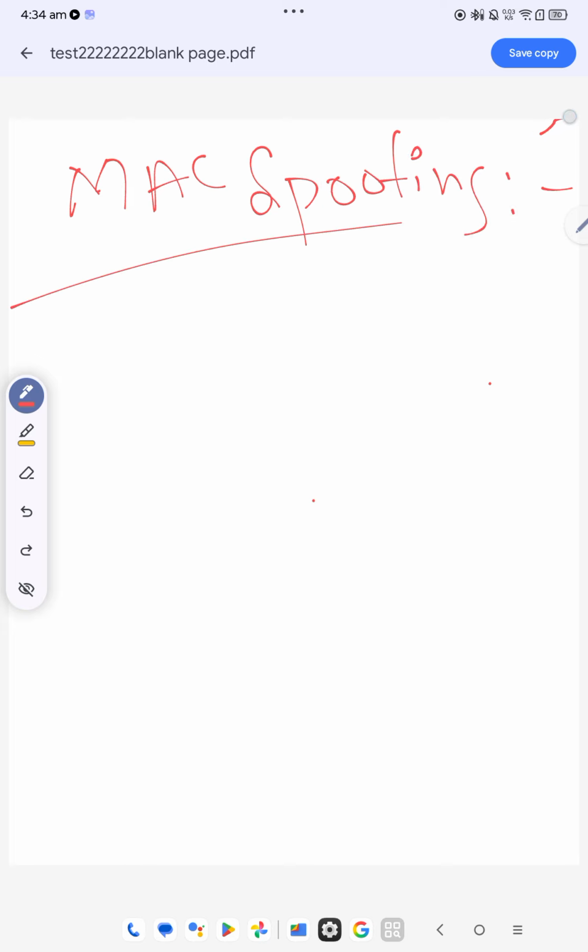Okay, let's discuss some keywords. What is MAC spoofing? Attackers change their MAC address to impersonate other devices, bypass MAC-based access control, or evade detection.